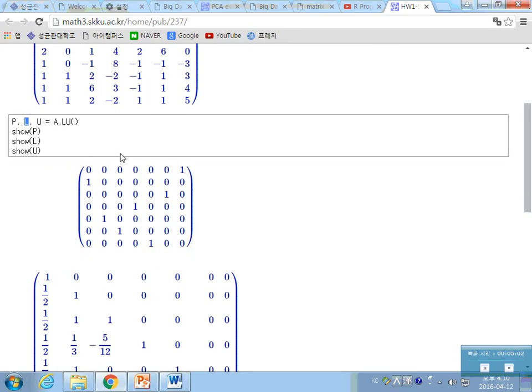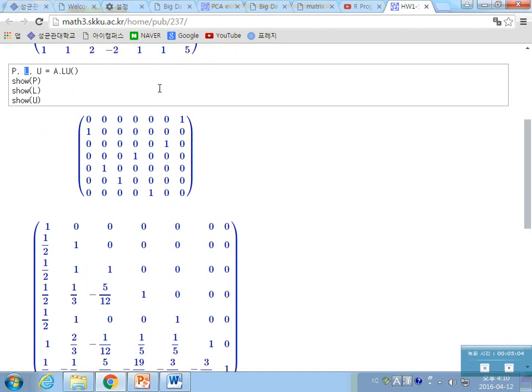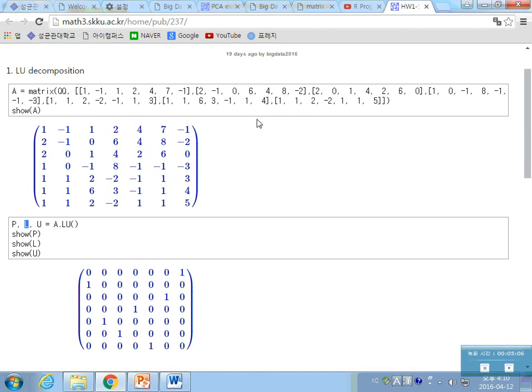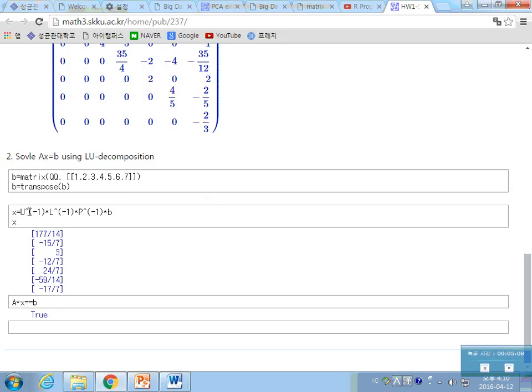So we can easily find them for any given matrix. One application of LU decomposition is solving linear equation systems.